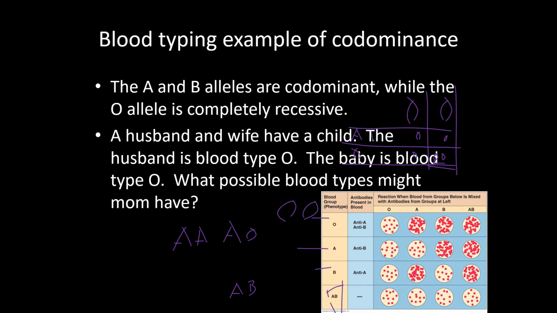Mom could be blood type B if she's BO and have that baby. Mom could be blood type O and have that baby. The one thing mom cannot be to make that baby is blood type AB. So mom could be any of those three, but she cannot be that in this particular question scenario.